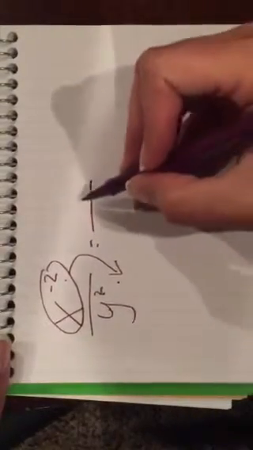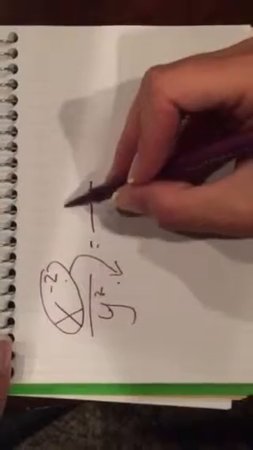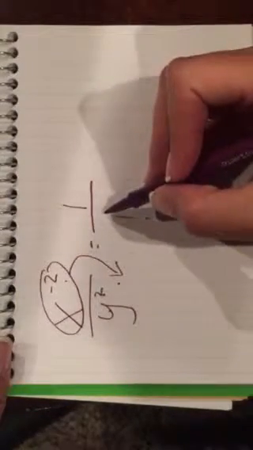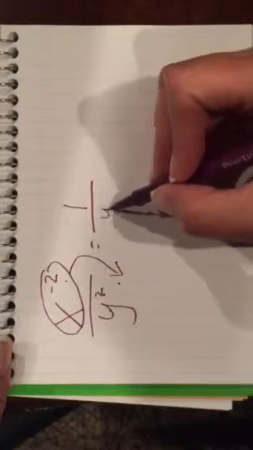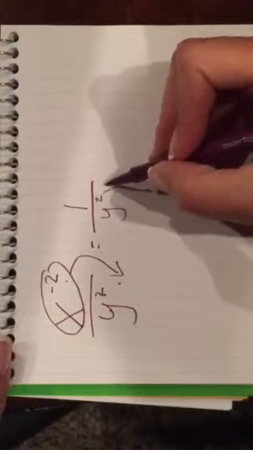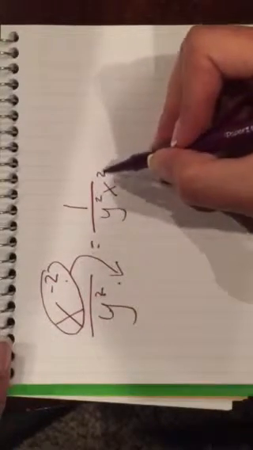The fact that my y to the second power doesn't have a negative tells me that it's where it should be. So we're left with 1 because there's nothing left on top. So 1 is sort of a placeholder. And then y to the 2, x to the 2.